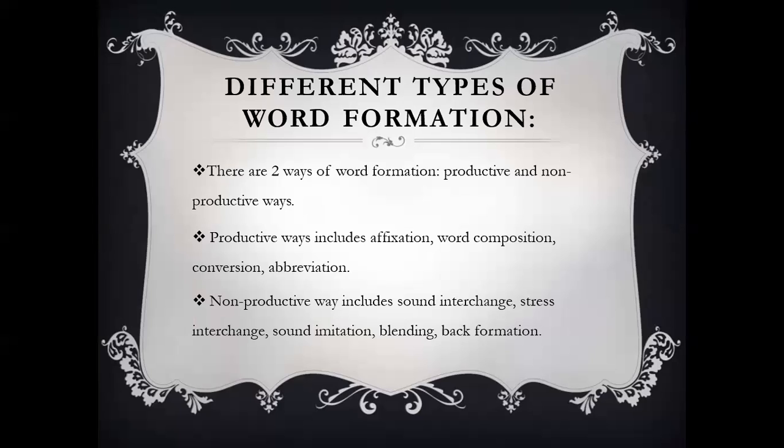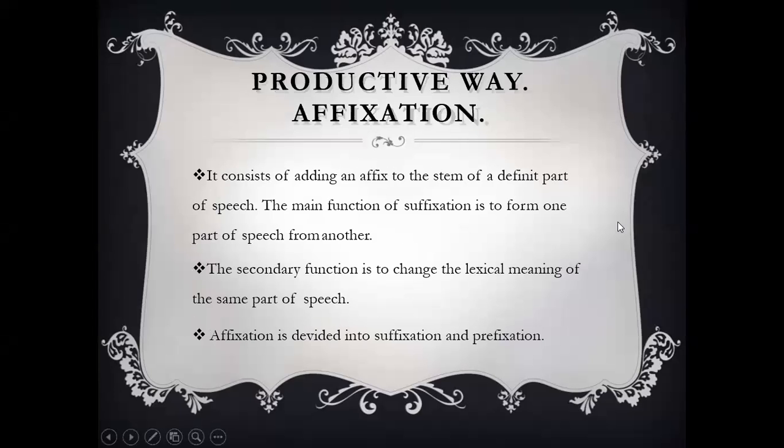This is also one type of productive way of creating a new word. And that was the productive way. And non-productive ways include sound interchange, stress interchange, sound imitation, blending, and back formation. So maybe you have heard these kinds of words, but we will look through each one separately.